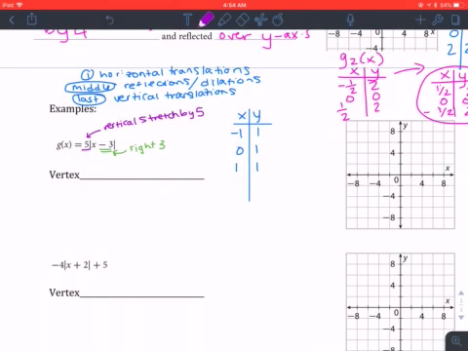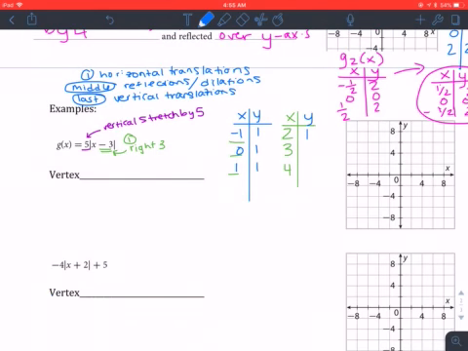Alright, so we're going to start by shifting right 3. So this is the first thing we're going to do. So to move right 3, I'm going to take my x values and I'm going to add 3. So my new x values, -1 plus 3 is 2, 0 plus 3 is 3, and 1 plus 3 is 4.